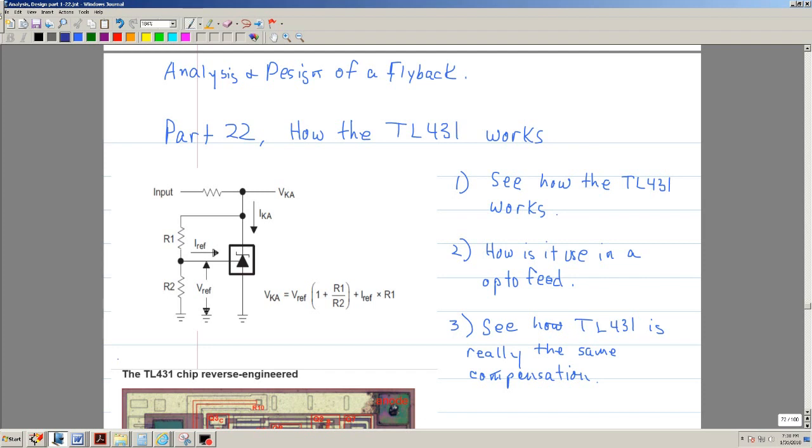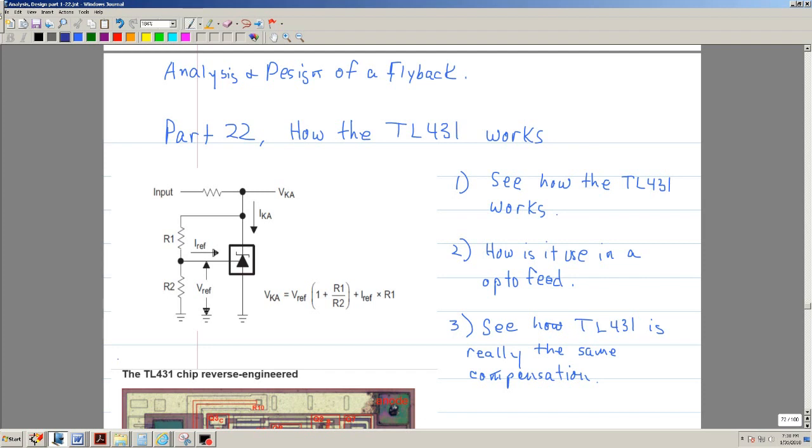It's going to be just on the TL431, how it's used as a shunt regulator, and then hopefully how the shunt regulator is used with the opto, and then how to use both the TL431 and the opto with the flyback, so you can have isolation.